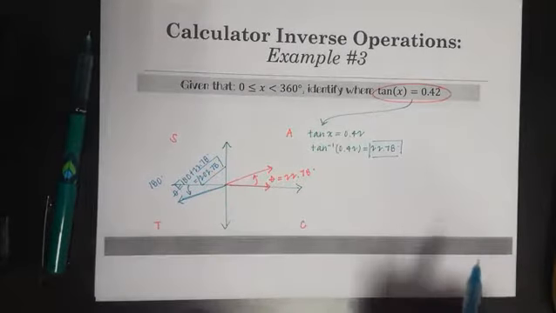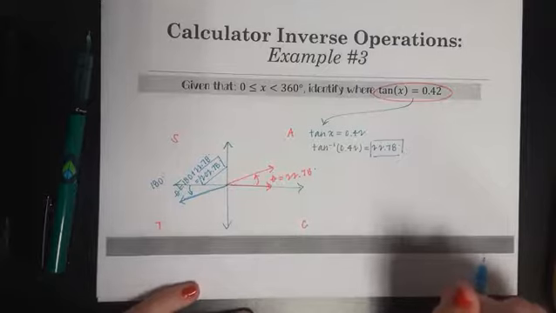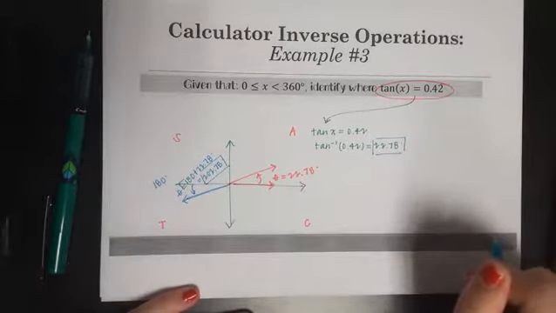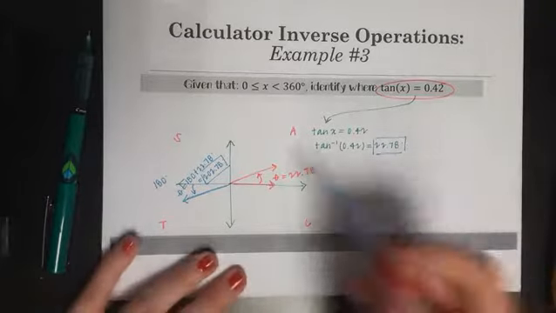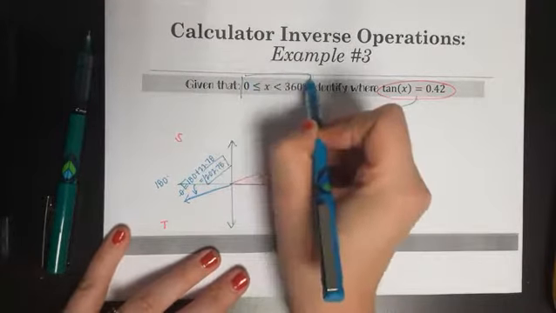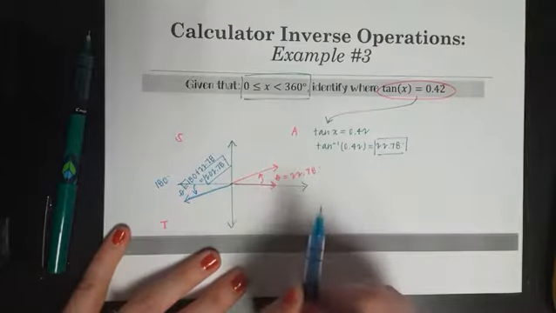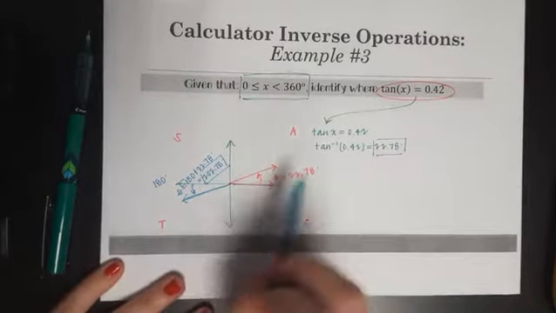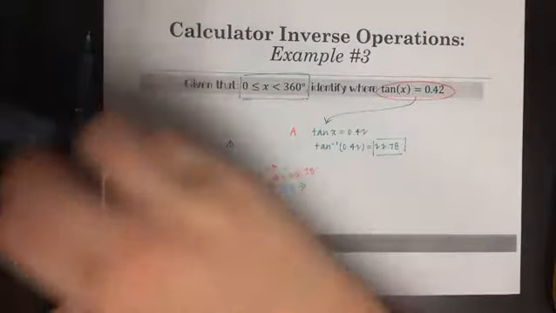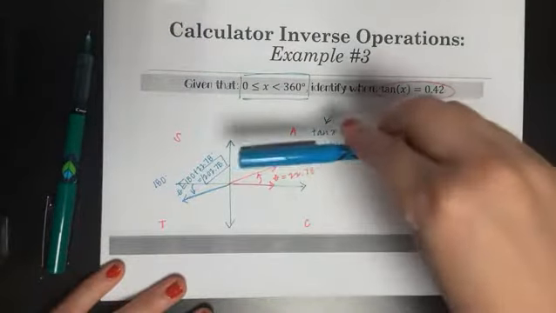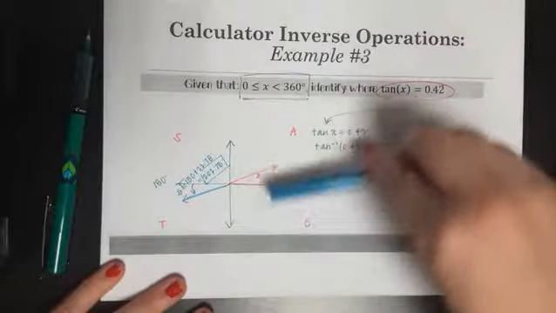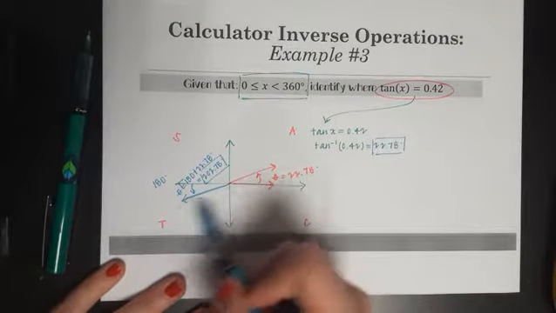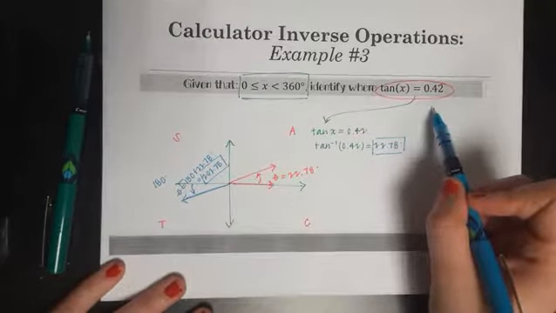Now, a key piece of information that's useful to know about these kinds of problems is that they can either ask you for 1 solution or they can ask you for both solutions. So, for instance, notice here we were told that our result needed to be between 0 and 360 degrees. So if I start at 0 and go all the way around my circle, I encounter both this angle and this angle that have that same tangent result.